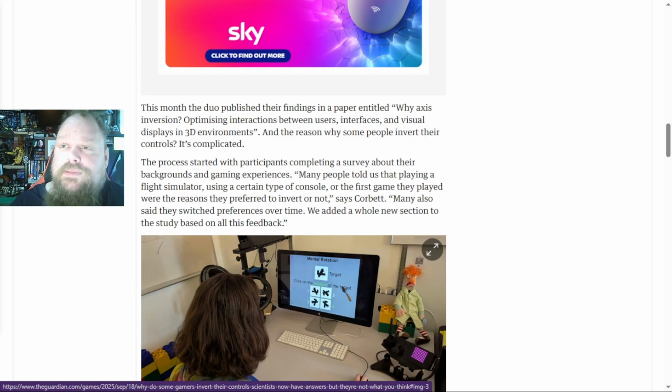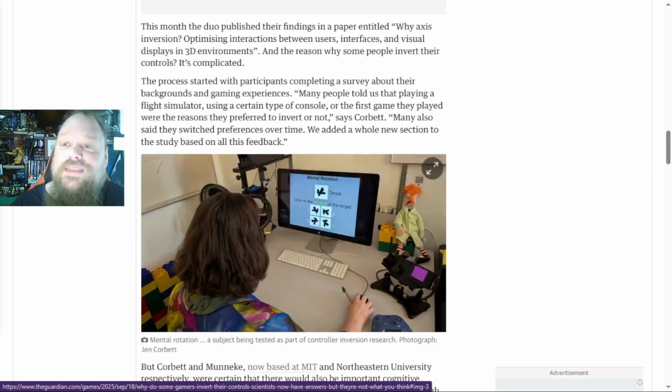Many people told us that playing a flight simulator, using a certain type of console, or the first game they played were the reasons why they preferred to invert or not, says Corbett. Many also said that they switched preferences over time. We added a whole new section to the study based on all of this feedback.